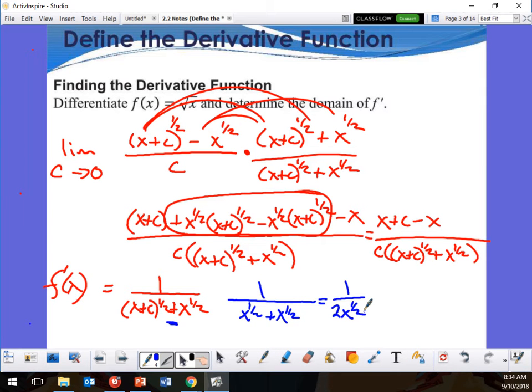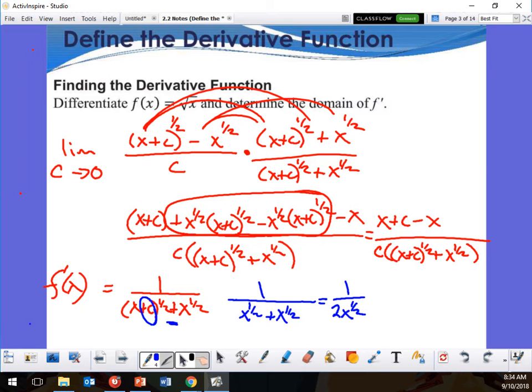There we go. Because as we plugged in 0 for c, that goes away, and so then I combine like terms. Yes, no, maybe? Yes. Okay, good.